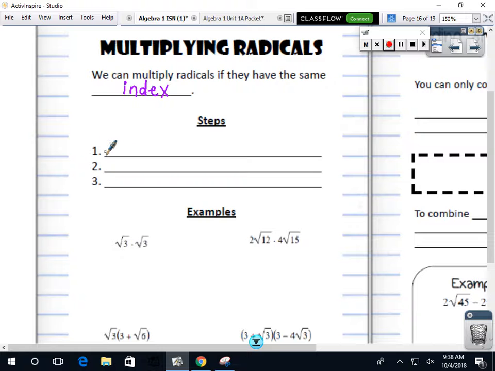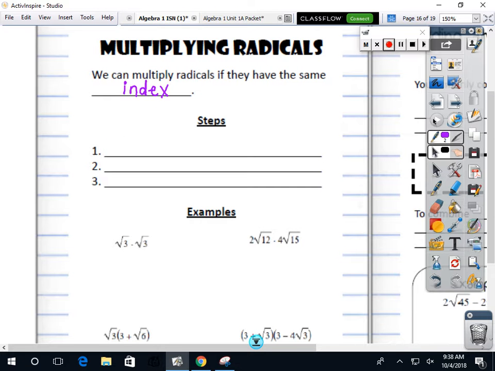So step 1, multiply the numbers outside the radical.